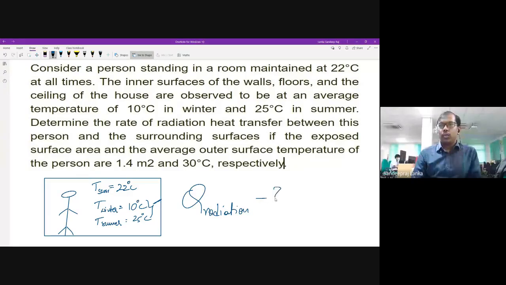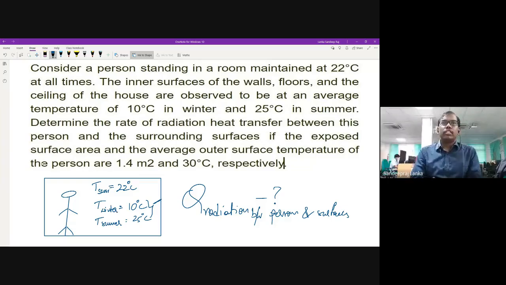What is the value he is asking? Radiation heat transfer between what and what? Between this person and surrounding surfaces. Okay, so the surfaces.